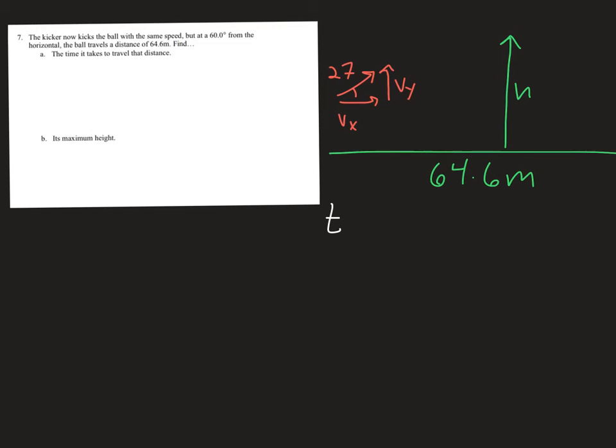And to find that, we're going to have to work a little bit backwards from what we did. We are going to still find our velocity in the x. So I'm going to take my 27 times the cosine of 60, and it's 13.5. You might wonder why it's opposite.